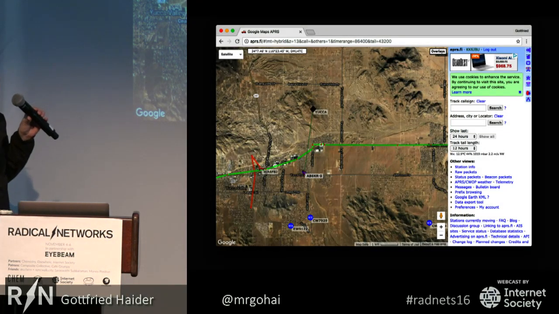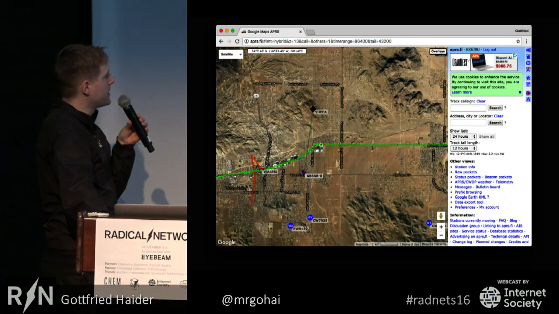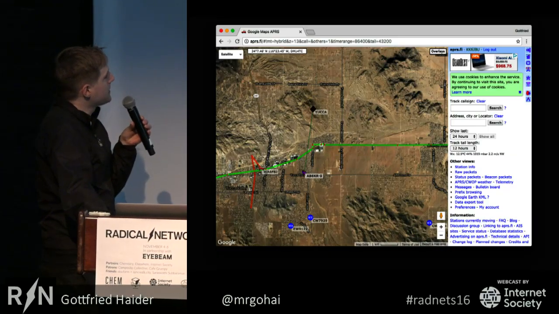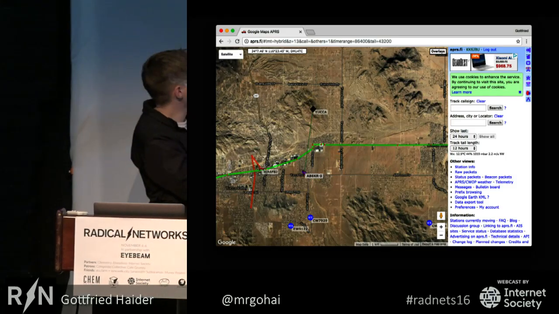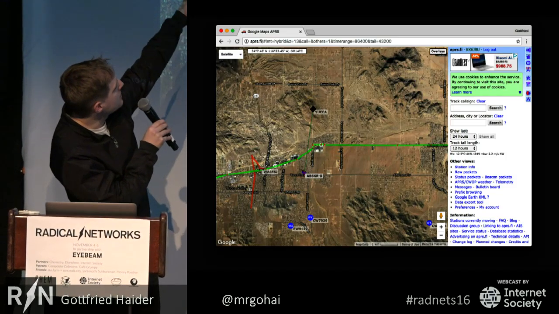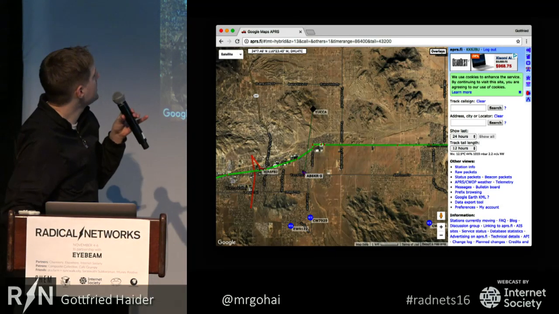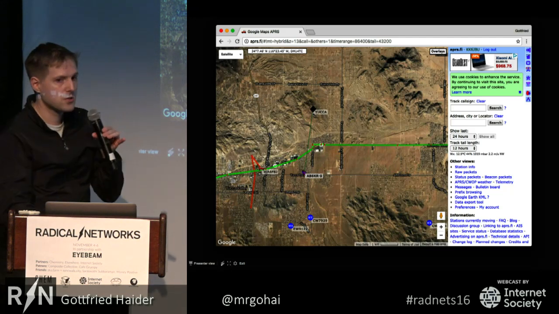And then from the trips to the high desert, this is a map of the infrastructure that is already there. WX stands for weather stations, and then there's this black symbol, which is a repeater station.